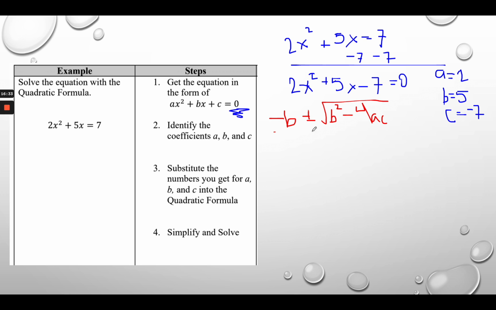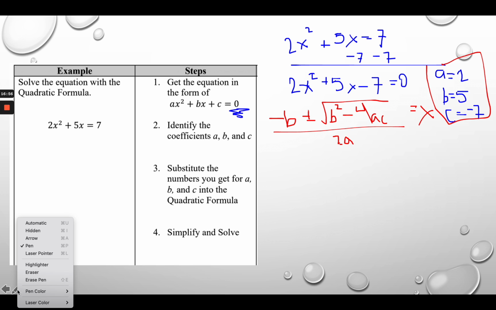And the party was all over at 2 a.m. That is equal to x. We're going to take our A, B, and C and plug them in. Wherever there is an A, we plug in 2. Wherever there's a B, we plug in 5. C, negative 7. Let me change back to my pen color.